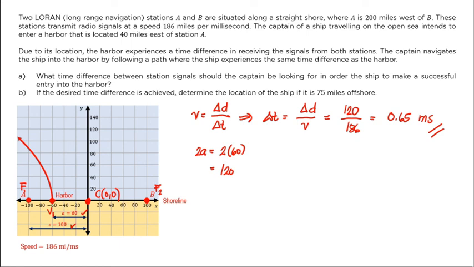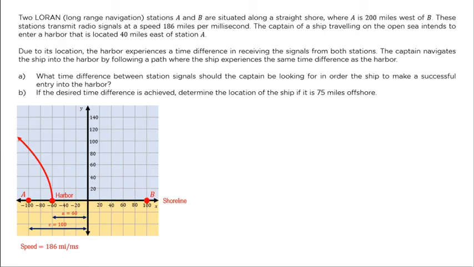Determine now the location of the ship if it is 75 miles offshore. So from the shoreline going to the ship is 75 miles. Okay? So I will just erase the writings here for problem letter A. So we will proceed to letter B.